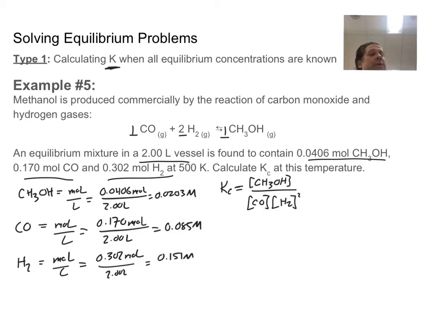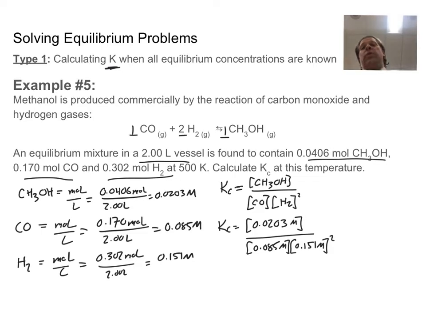Now I'm going to plug those concentration values back into the Kc expression to calculate K. So Kc in this case is my products over my reactants: 0.0203 molar over 0.085 molar times 0.151 molar squared.